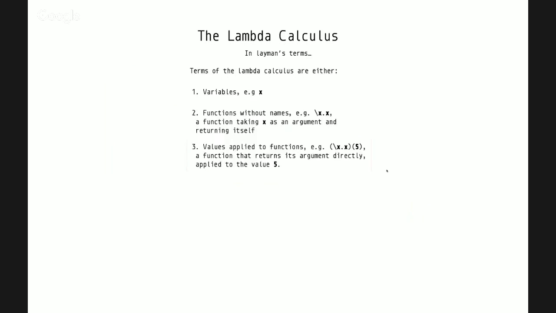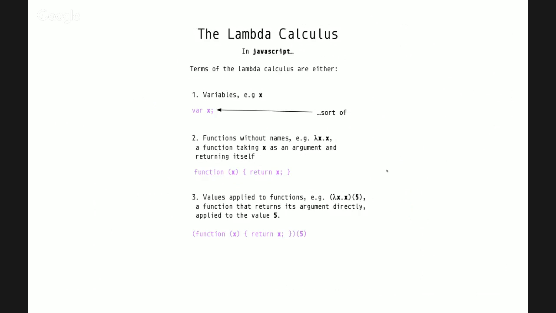Bringing it back to something that maybe we all understand, I think most programmers nowadays have at least some experience using JavaScript. So I want to talk about the lambda calculus in terms of JavaScript, just so that the syntax doesn't get in the way of understanding. This actually probably shouldn't be here.